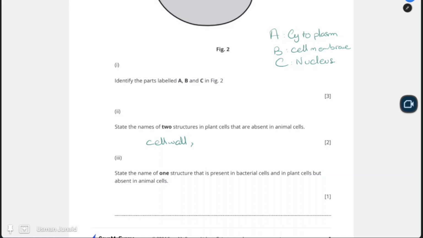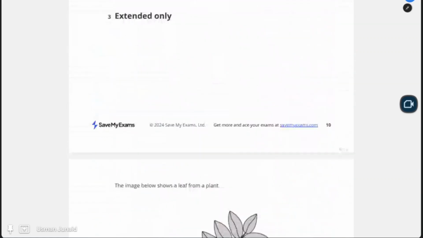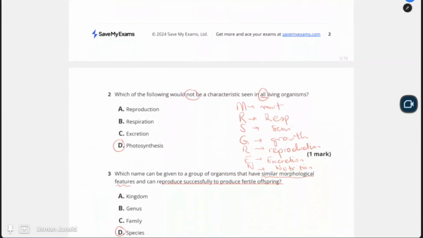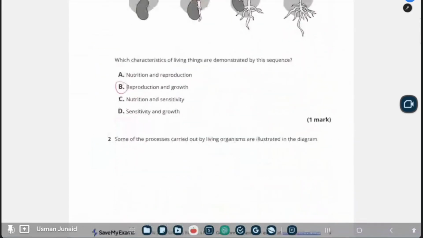We discussed that upwards in a question as well. What is something special that plant cells do and animal cells cannot do? Photosynthesis. Yes. So, what organelle carries out photosynthesis?